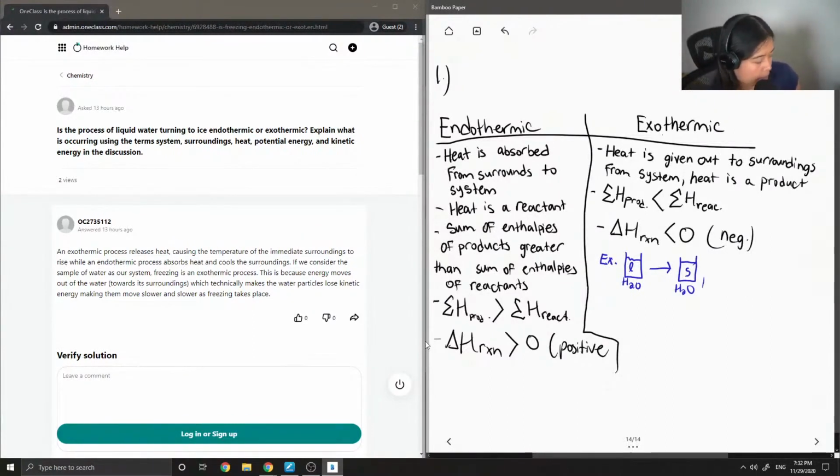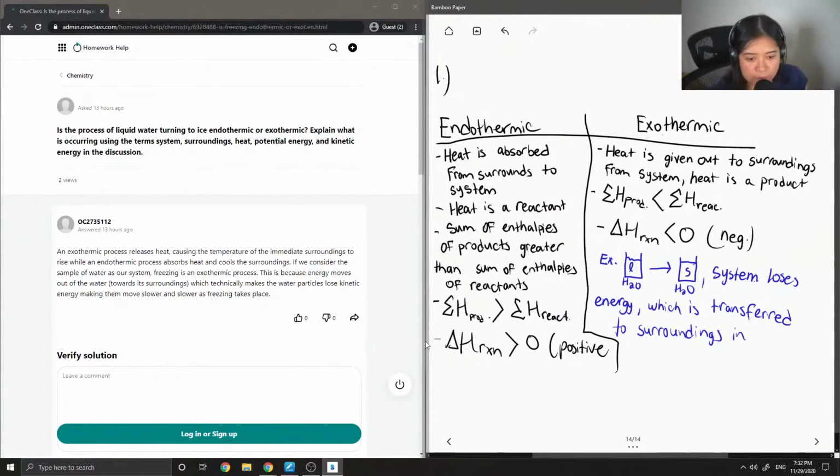The reason this is exothermic is because the system loses energy, which is transferred to the surroundings in the form of heat.